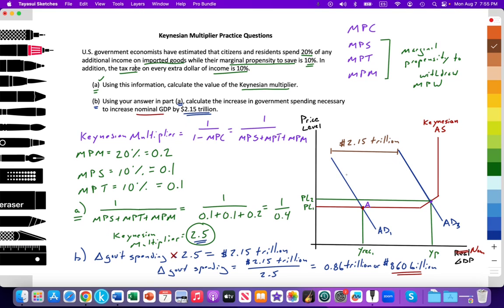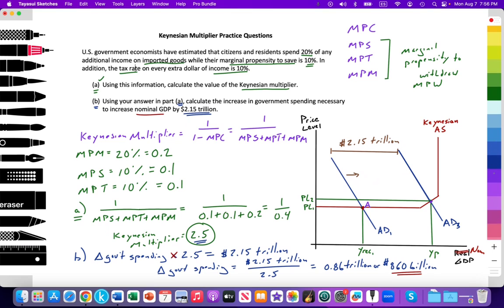So the government wants to boost aggregate demand outward by increasing government spending. And by injecting money into the US economy, households will receive that injection and that will multiply outward. And that will achieve an additional level of change in aggregate demand. So we've calculated the government spending needed is 860 billion.